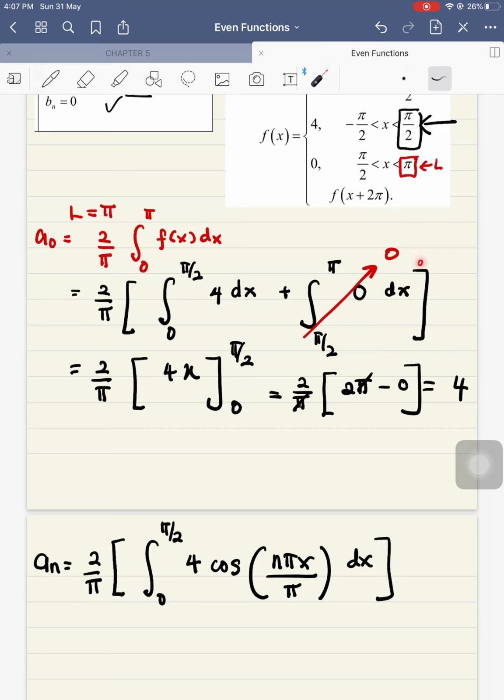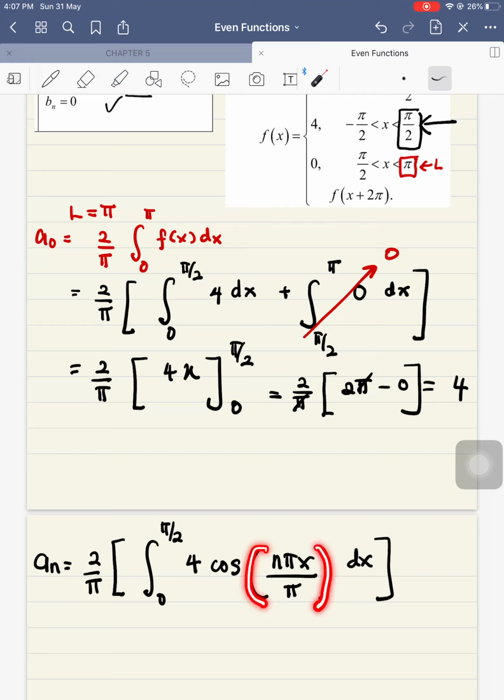Okay, so for this side here, since this one is equal to 0, so you don't need to plus, okay, because when you have a function fx 0 multiplied by cos, then you will also get 0, so you can just ignore this function. Okay, so take a look at the one in bracket here. So can you cancel out this one and this one? Yes.